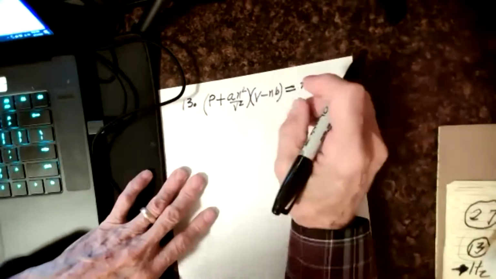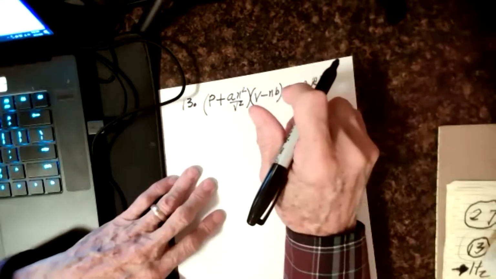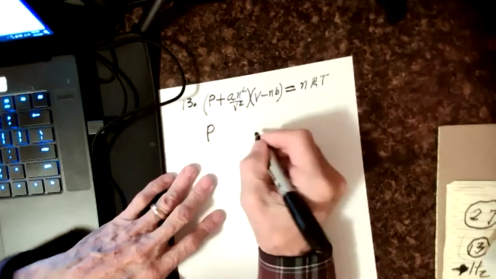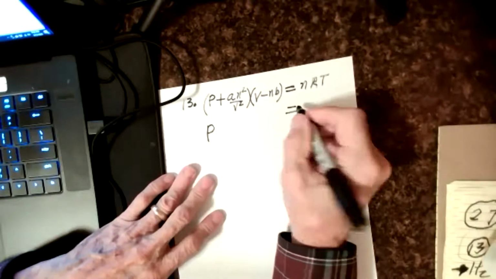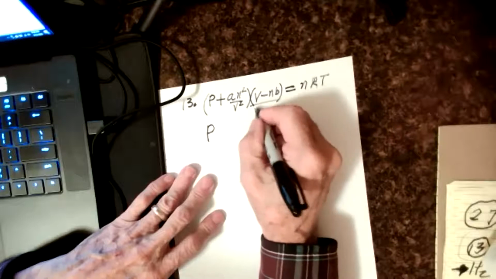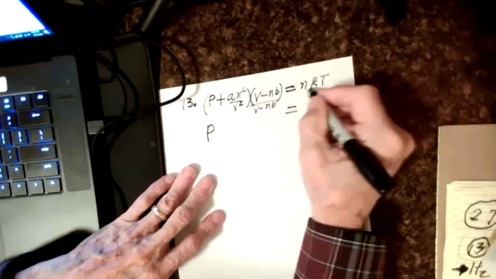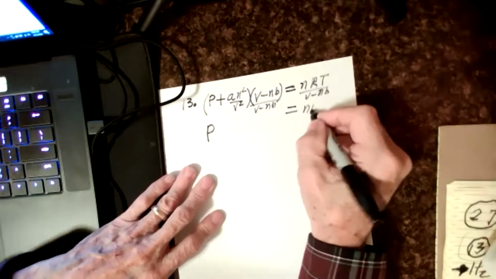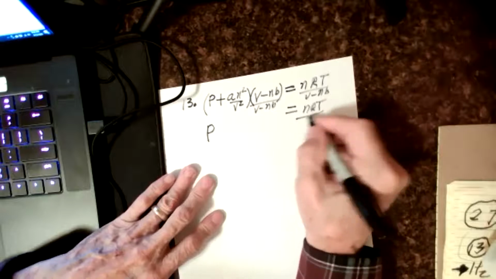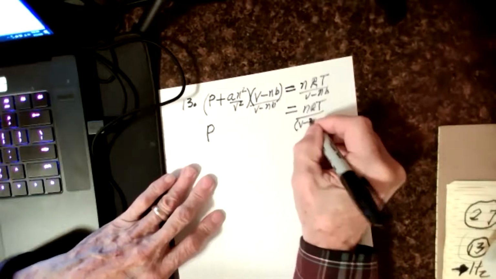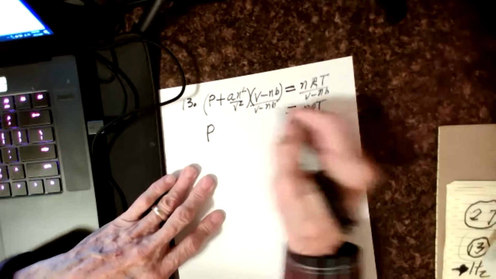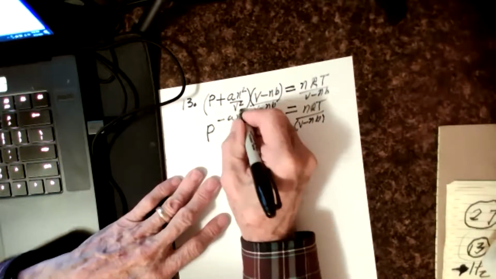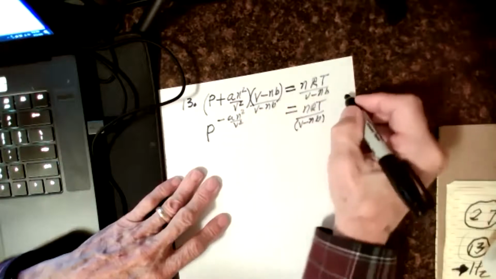All right, so now let's see what the problem says. Calculate the pressure. So I'm going to need to get the pressure by itself. How can I do that? Well, I want to divide both sides by V minus NB. So I want N RT divided by the quantity V minus NB. Now I want to get rid of this, so I want to subtract A n squared over V squared from both sides.